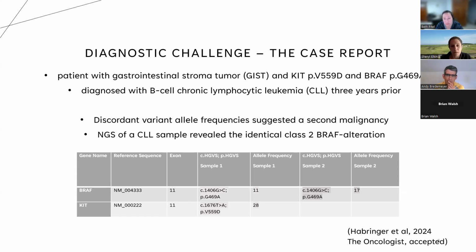Right. Also, if you look into CLL, so first of all, I said in GIST there's hardly any BRAF mutation described, and the other way around, if you look into CLL, they have basically a mutual exclusivity between KIT and BRAF as well.